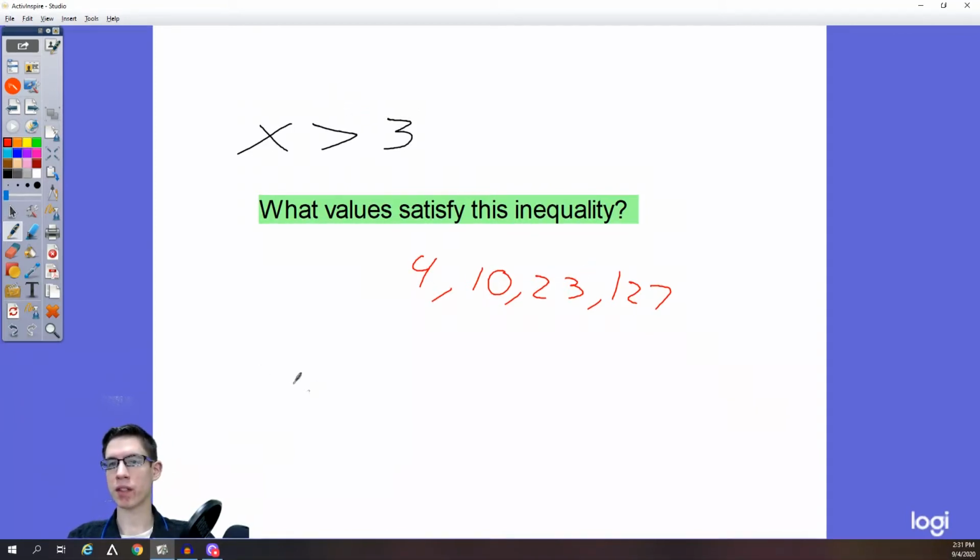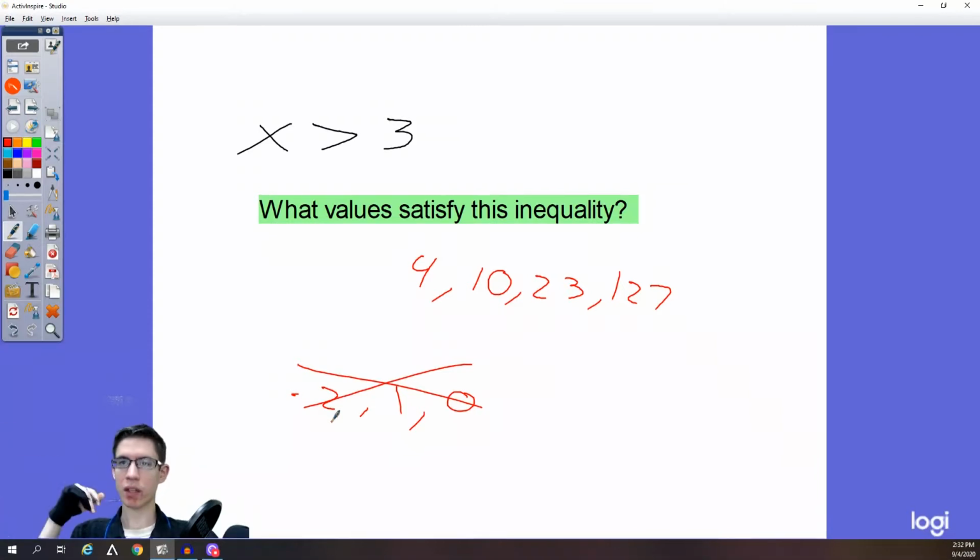Numbers that wouldn't satisfy the inequality are like -2 or 1 or 0, right? These don't work. So that means that there's a specific set of numbers that do satisfy this and a certain set of numbers that don't. I can pick numbers and put them over here on the right and say this goes in, this works, and take some numbers, put them in over here on the left and say these don't work, these aren't a part of this inequality.